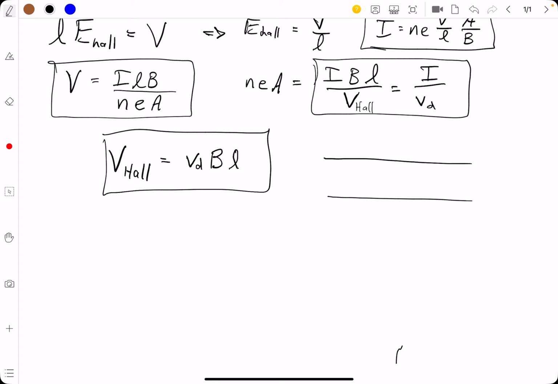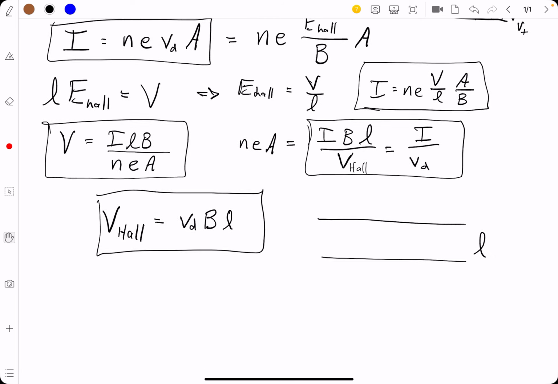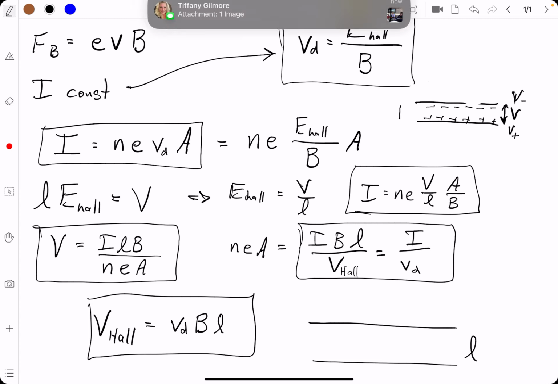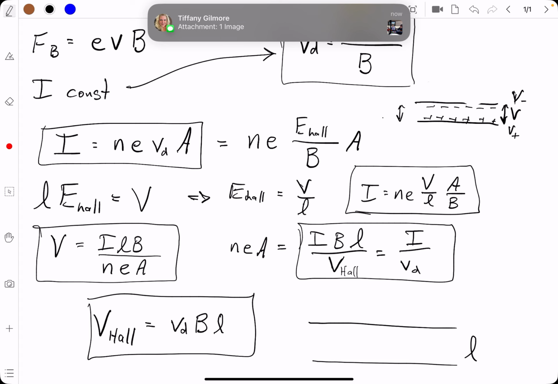So we've got this thing, we've got the length. Oh, I said the length was this way, and I'm sorry. This is not the length. Gosh. This is the length right there.